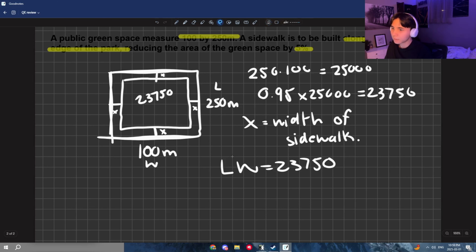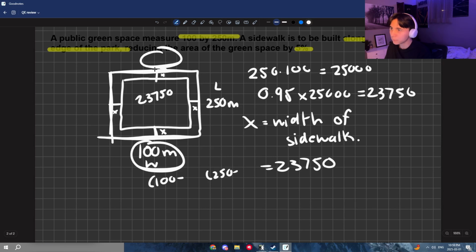And on this side, we're going to have our length, which was originally 100, and then we have our other side, which was 250. And since we're getting smaller, we're going to subtract the width of the sidewalk. So we have a width up here and a width down here, meaning that we have two x's that we're subtracting.